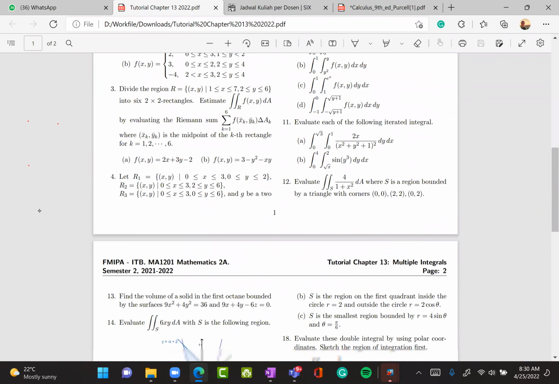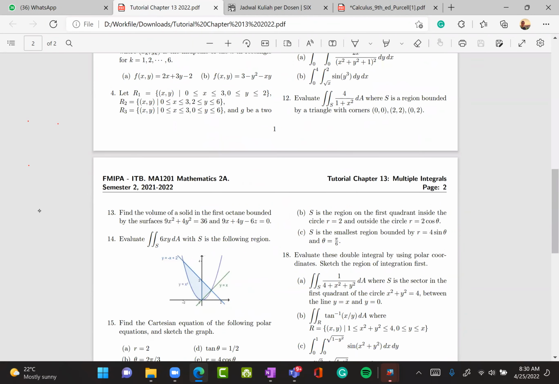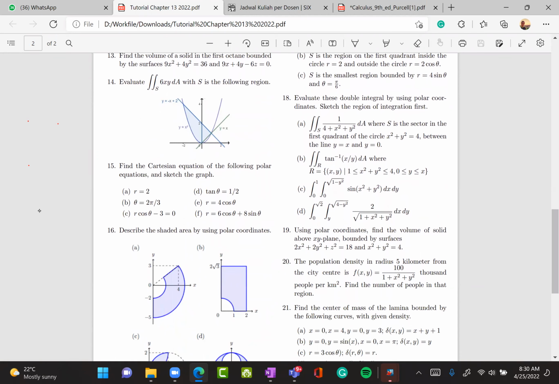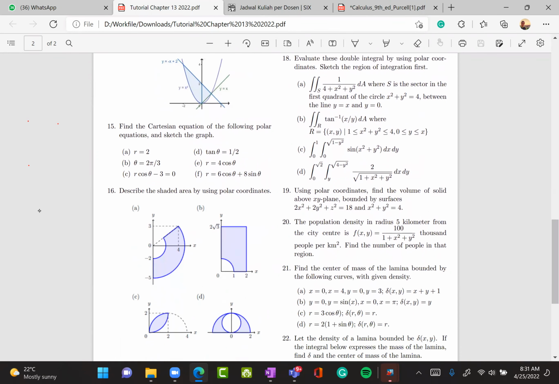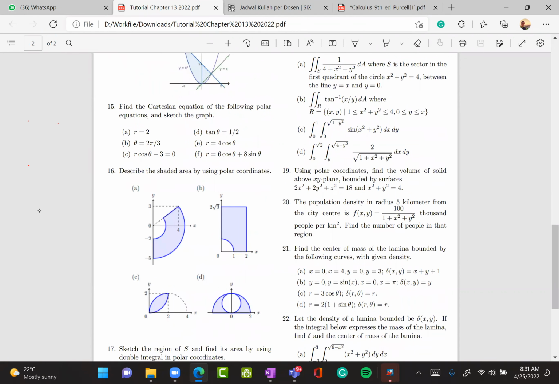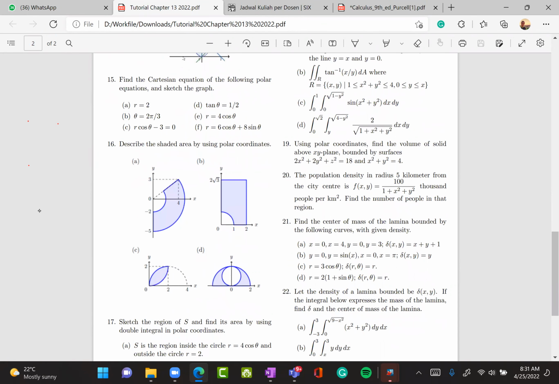Where is the folder? Number 16, for example.